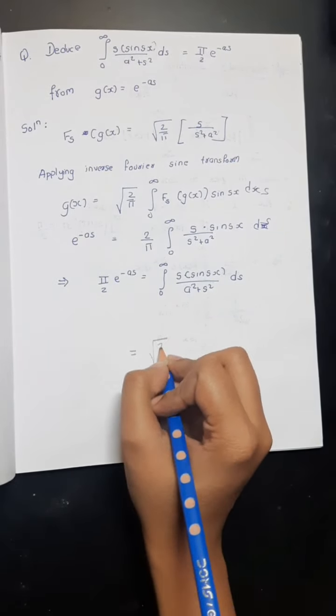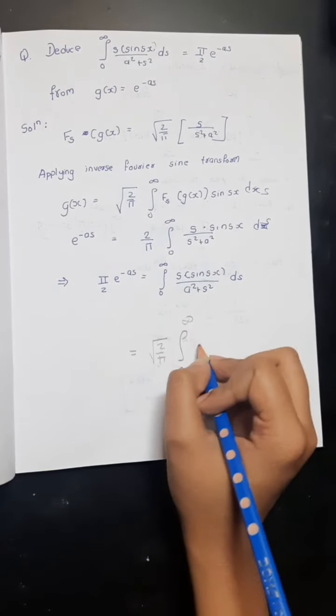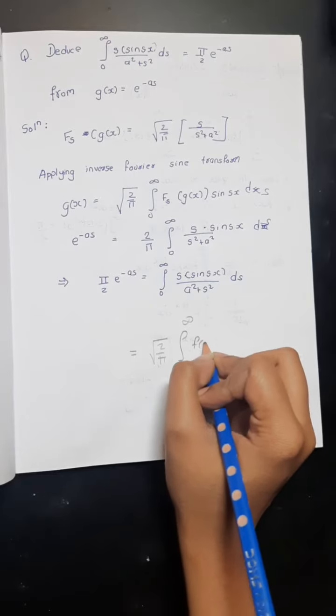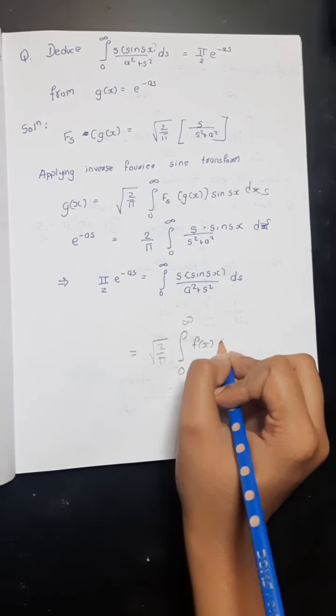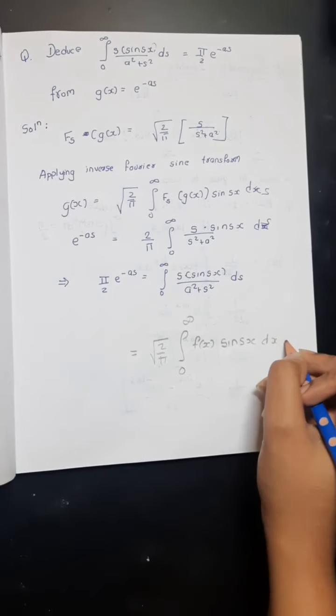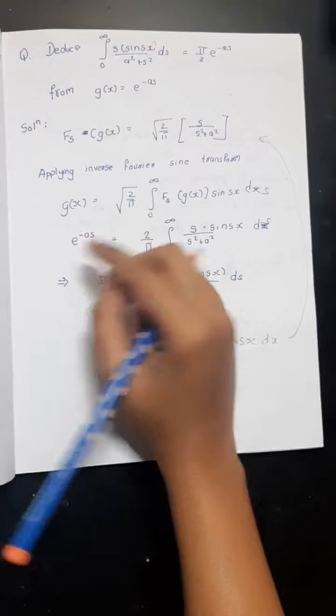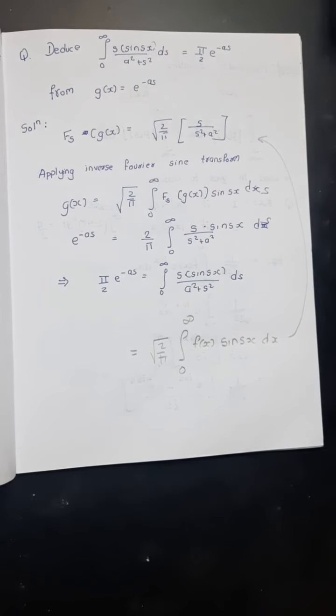What is the formula? Under root 2 by pi integration from 0 to infinity f of x into sine sx dx. Okay, when we solve this we get this. Now, I have always said that while deducing something we need to use the inverse Fourier transform.